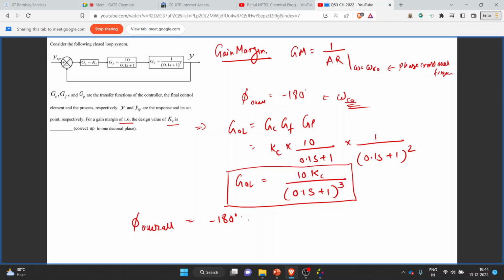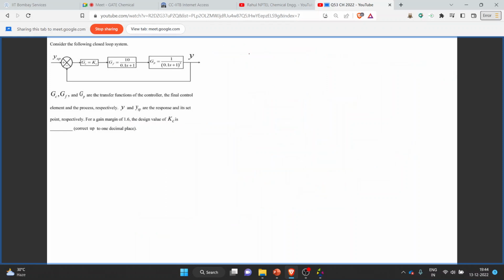So let us write phi overall is equal to minus 180 degrees, and it will be the summation of the phase lag of all these three individual transfer functions. That is, you can also write this as minus 180 degrees equal to phi of c plus phi of f plus phi of process. Since Kc is a constant, the phase lag will be 0.